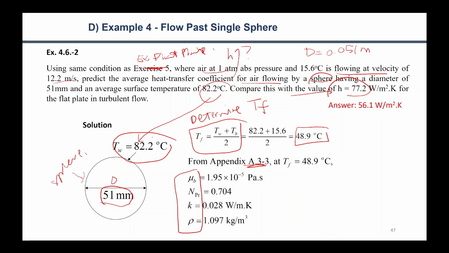The fluid flowing across the single sphere had an h value of 56.1, while over the flat plate it is 7.2.